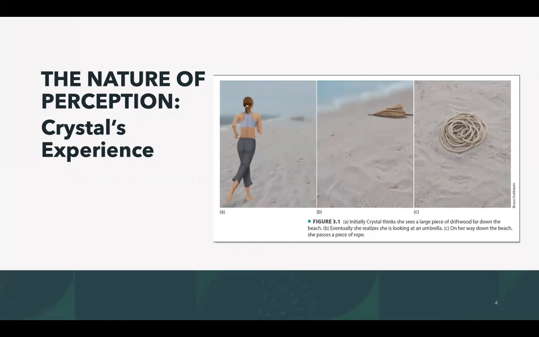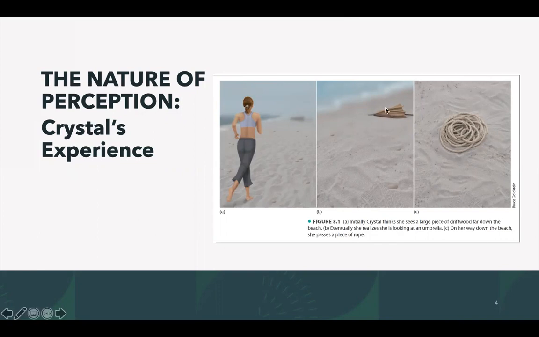It is difficult to see because it is early morning, with the mist and the dim light. But as she approaches the object, she begins to doubt her initial perception. And just as she is wondering whether it might not be driftwood, she realizes that it is, in fact, the old beach umbrella that was lying under the lifeguard stand yesterday.